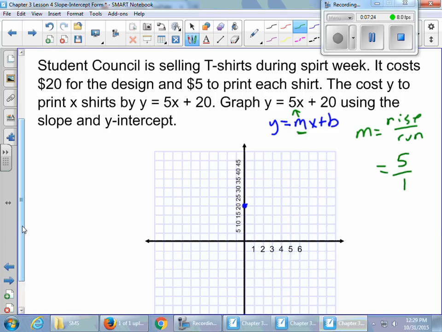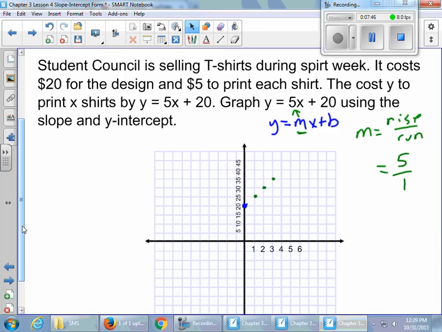We go up from 20 to 25 and over 1. Put a point right there. From that point, we go up to 30 and over to 2. Up 5 from 30 goes to 35, over 1. And then we have enough points right there.